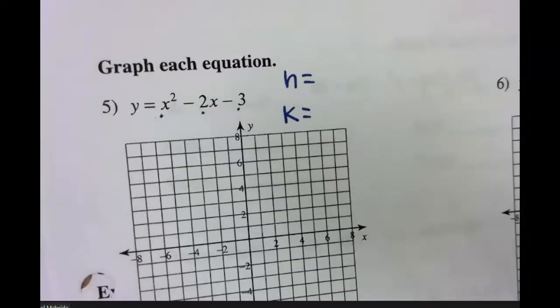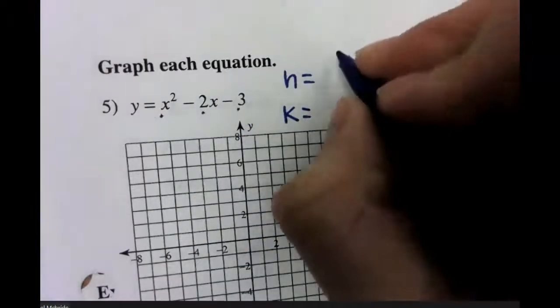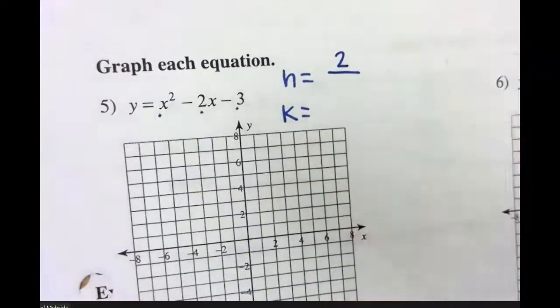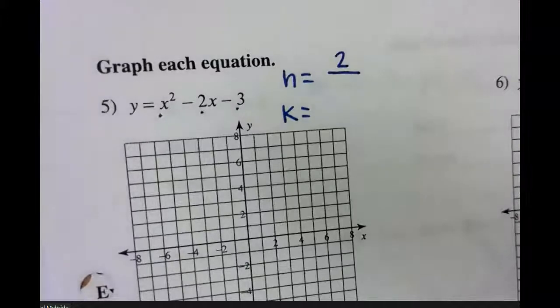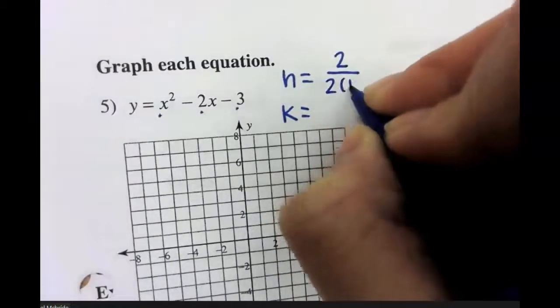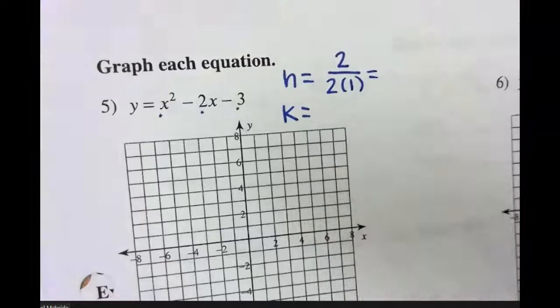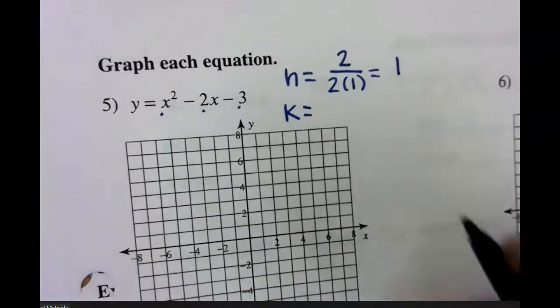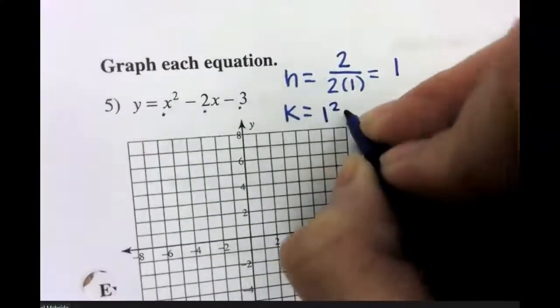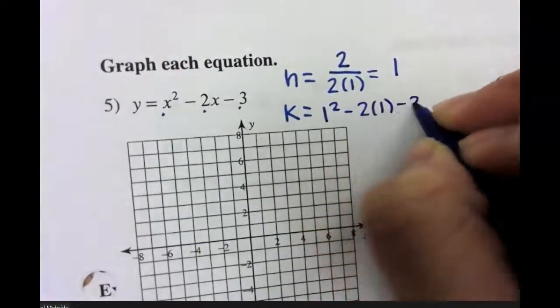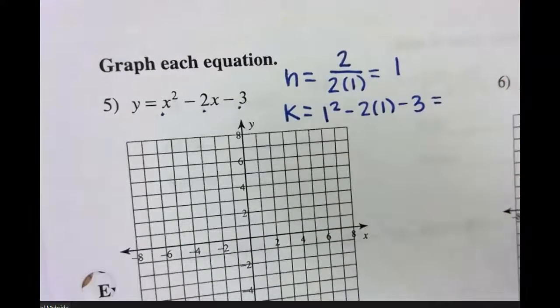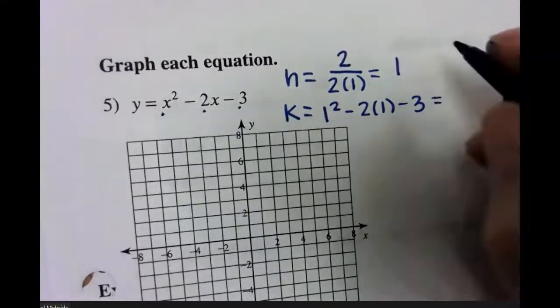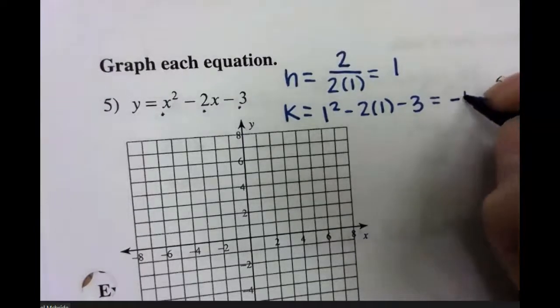So h, once again, is negative b, so in this case it's positive 2, divided by 2 times a. 2 divided by 2 is 1. And to find k, you plug 1 in. So you get 1 minus 2 minus 3, which is negative 4.